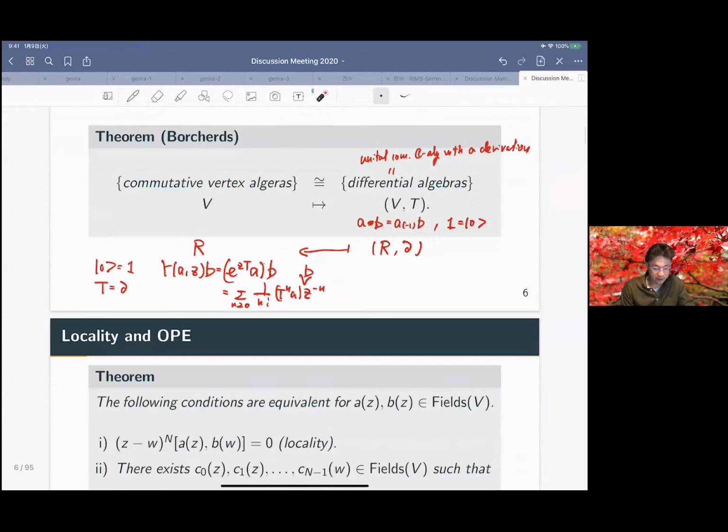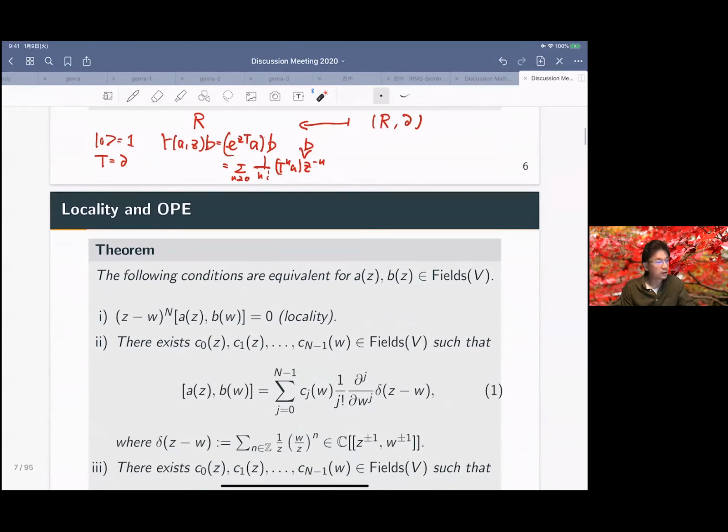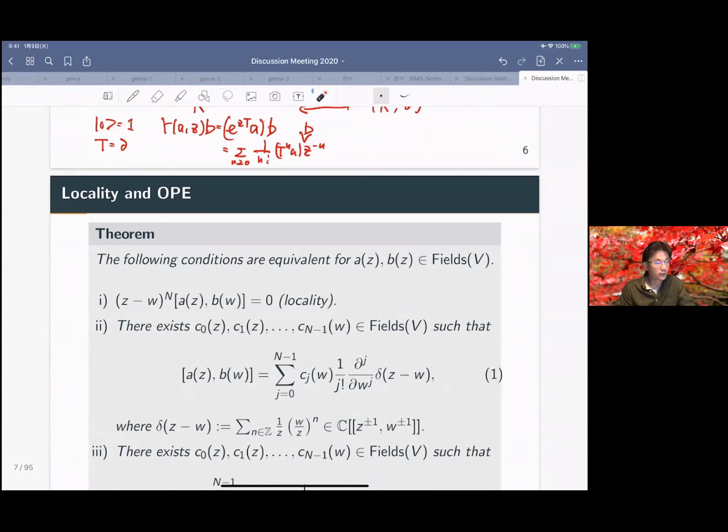And there are some equivalent conditions for this locality condition. So the first statement is that A(z) and B(w) are local if and only if this bracket can be expanded in this way.